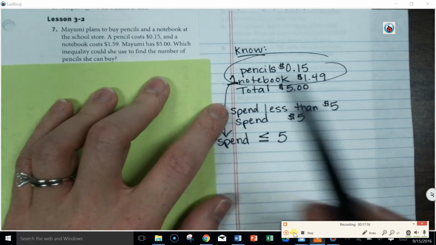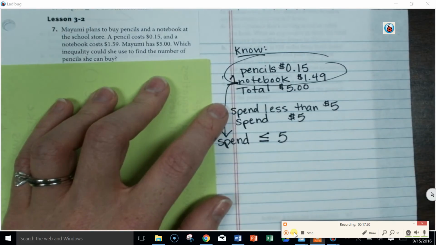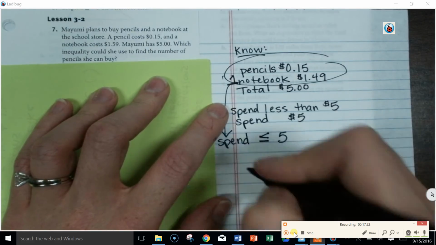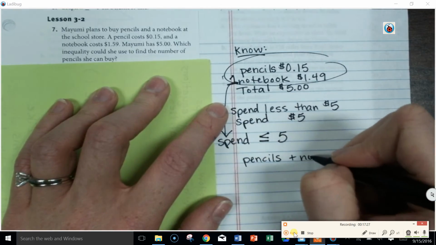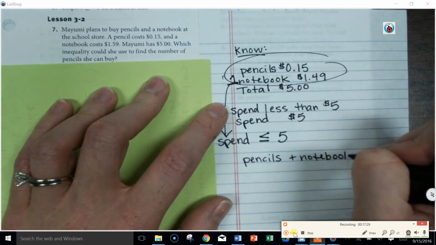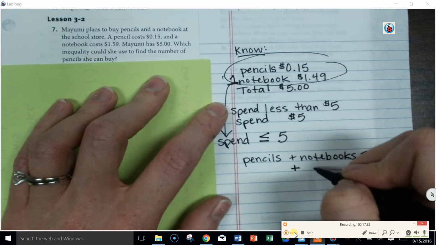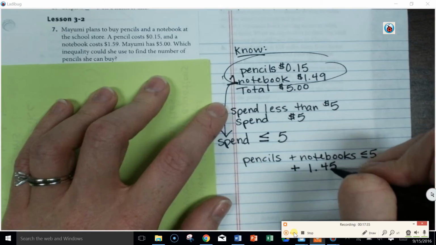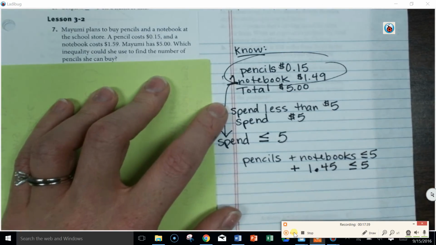Well, if I want to know the total amount she spends on a notebook, one notebook times $1.49 is $1.49. So when I think about pencils plus notebooks being less than or equal to 5, I know that I'm only adding 1.49 for my notebooks because that's all I'm spending on those.